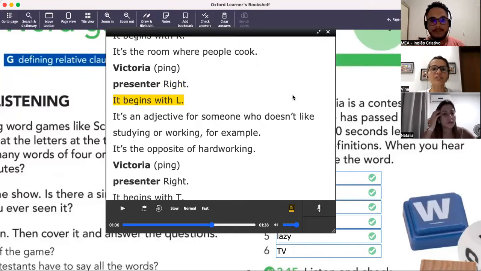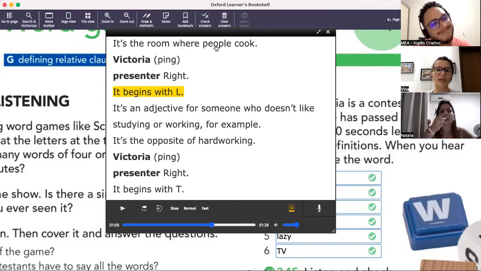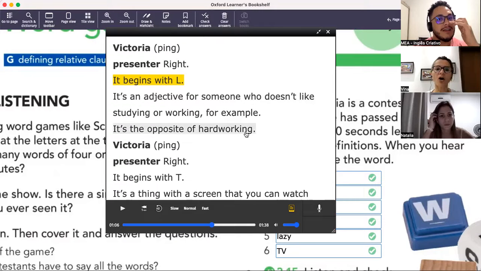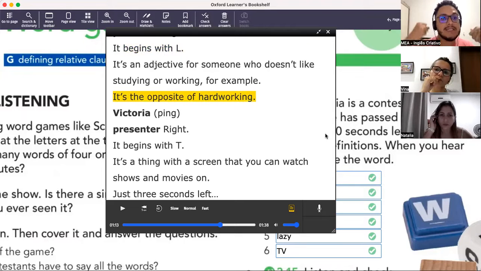It begins with L. It's an adjective for someone who doesn't like studying or working. For example, it is the opposite of hard work. Lazy. Yes, remember, guys, hardworking is a person who works a lot.